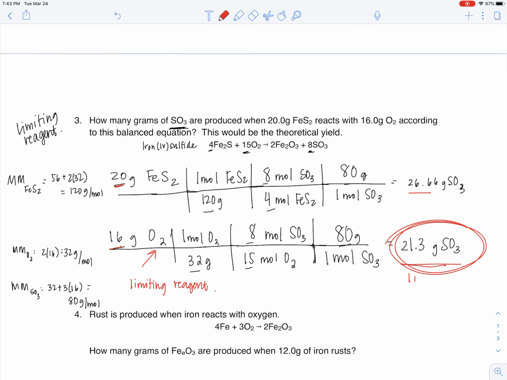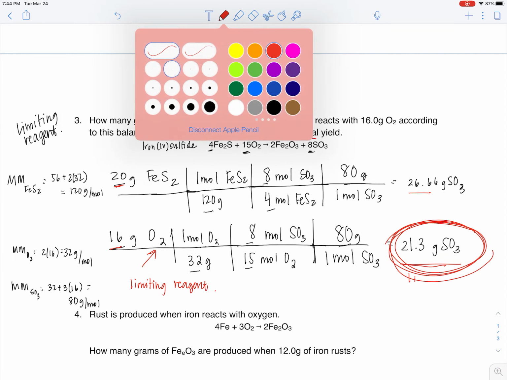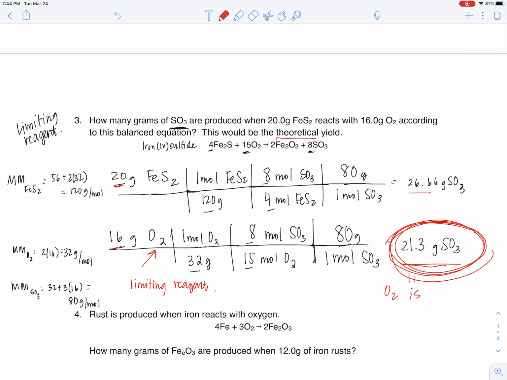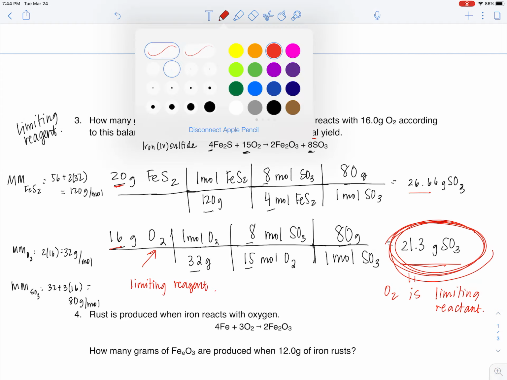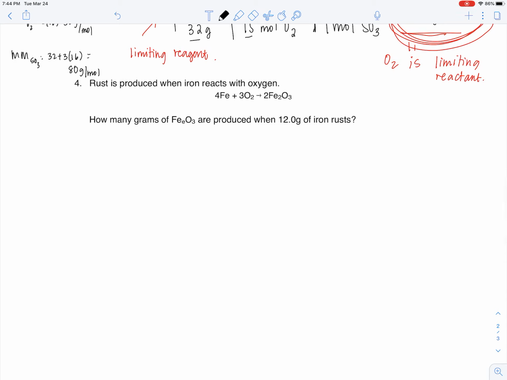This is the amount that's made, my theoretical yield. If I did everything perfectly in this reaction, that's how much I would get out. So O2 is limiting, and it means that iron sulfide is in excess, with a little bit left over.